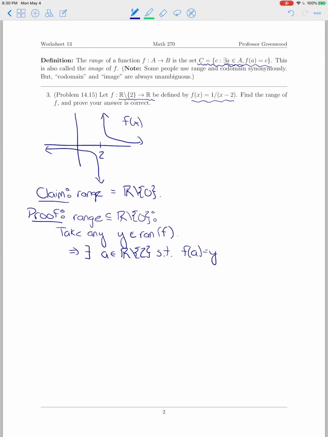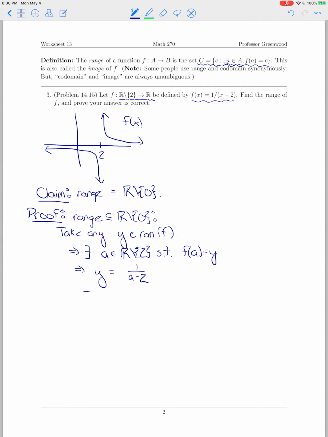Now I know the definition of f of x, and so that tells me that y is equal to 1 over a minus 2. We just know that 1 over a minus 2 is a real number and that it cannot be 0, because there's no possible value where the denominator would be infinity.